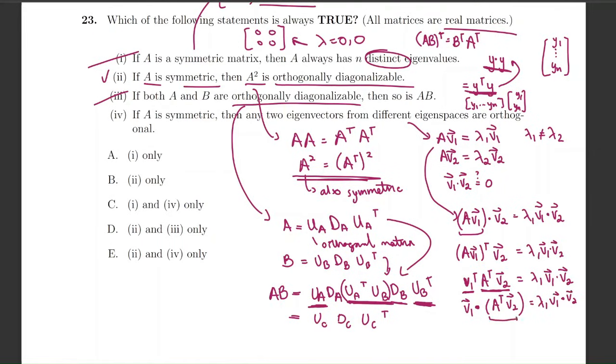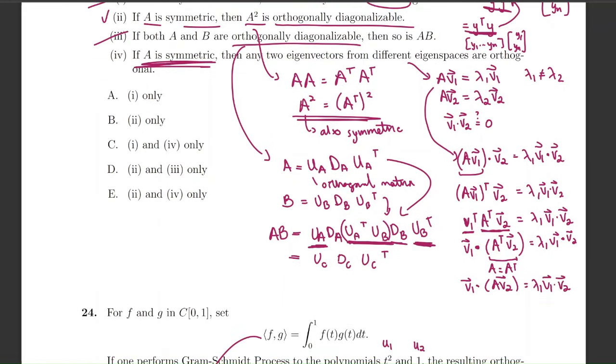And we know that because A is symmetric, A transpose equals A, right? Because it says A is symmetric. So that means that we have V1 dot product with A V2 equals lambda 1 V1 dot V2. Okay, and then we know that A V2 equals lambda 2 times V2, right?